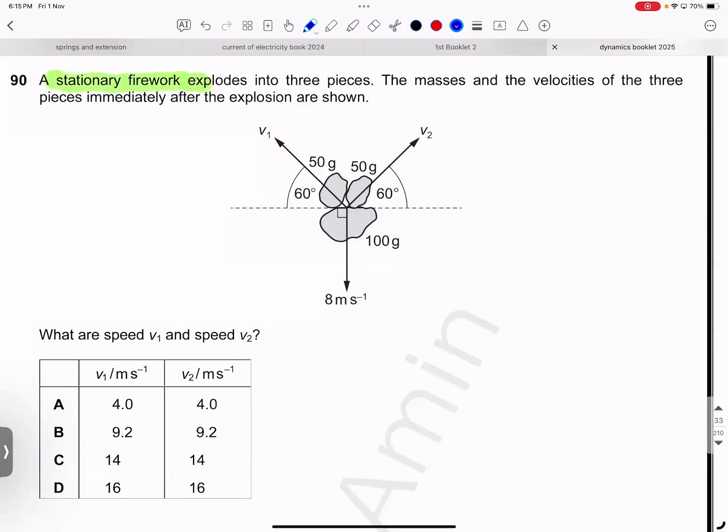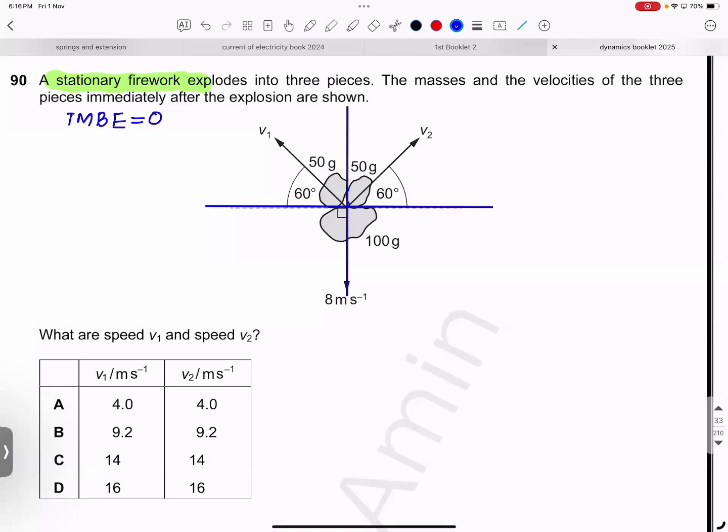Stationary firework means total momentum before explosion is 0, so total momentum after explosion must also be 0. You can also say momentums in opposite directions have to be equal. So you resolve, my dear, not velocities, you resolve momentum.